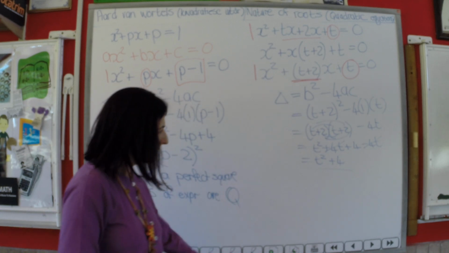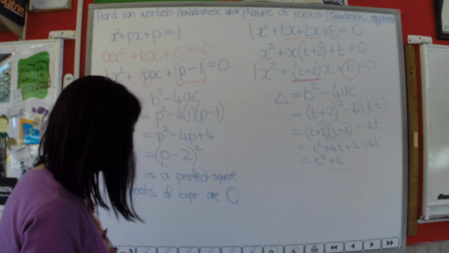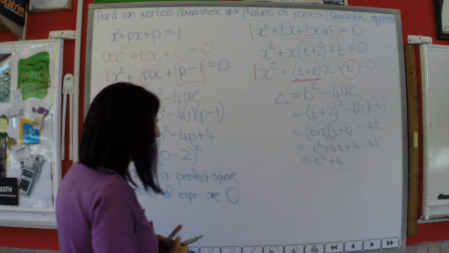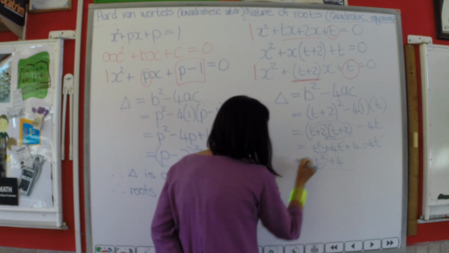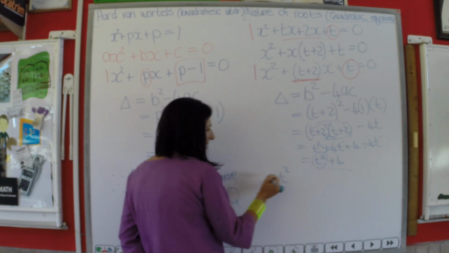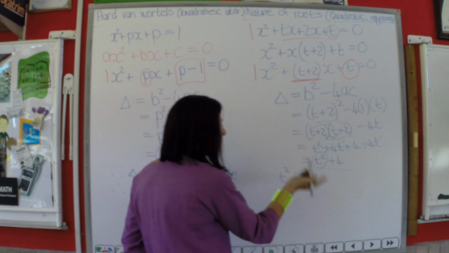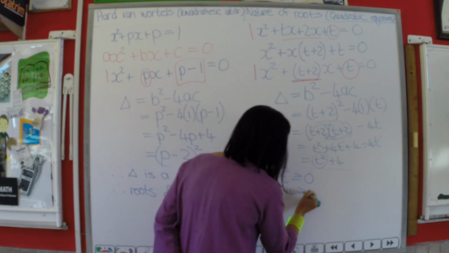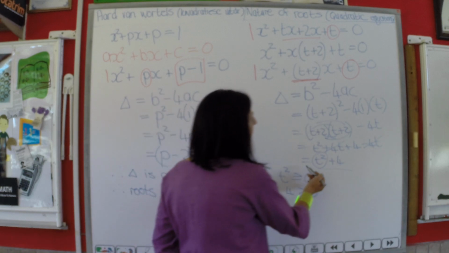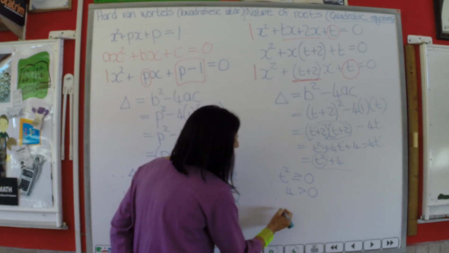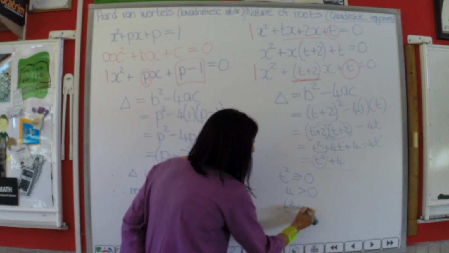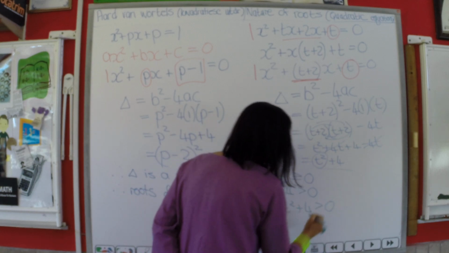Now, if I investigate delta, I know that t squared is a square, so t squared must be greater than or equal to 0. And 4 is definitely greater than 0. So if you add those two, therefore, t squared plus 4 must be greater than 0.